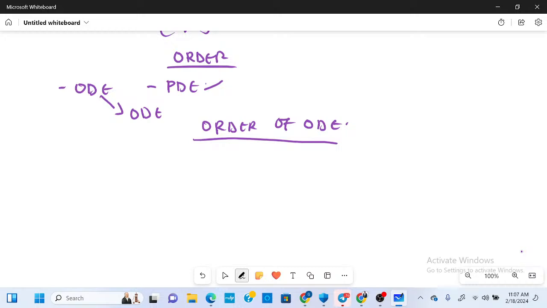So when you say order of a differential equation, what does it mean? When we say the order of a differential equation, it simply means the highest derivative a differential equation contains.